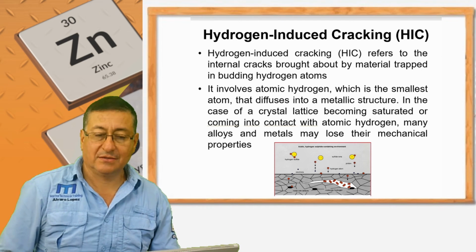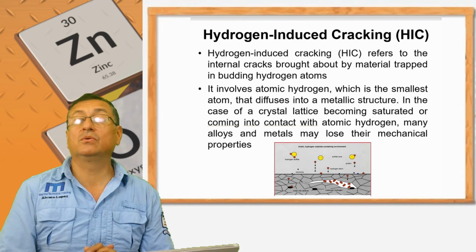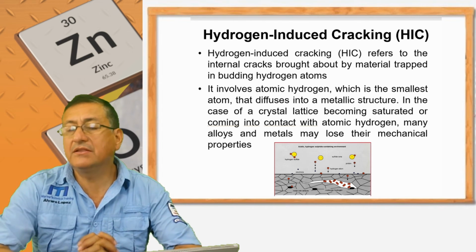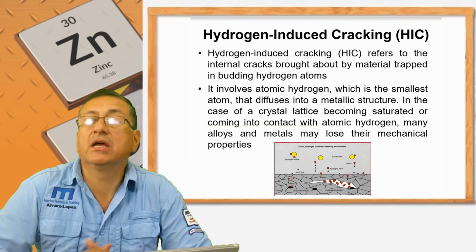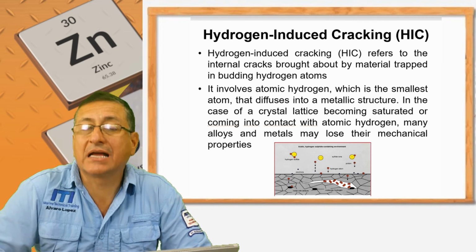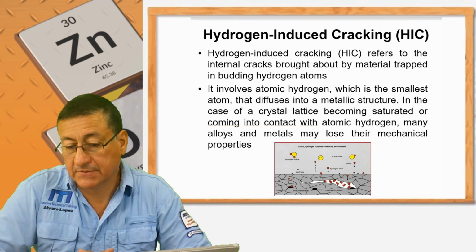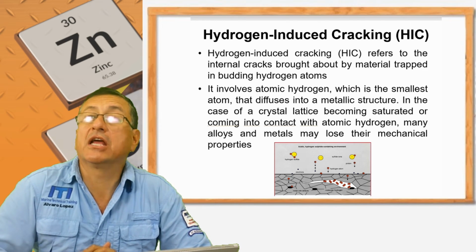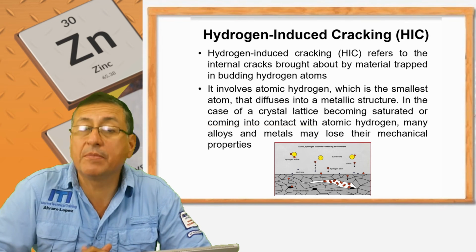Hydrogen-induced cracking. We are going to try to translate it into plain words. It is the free hydrogen in the water that attacks the surface of the metal. Remember this, my friends. What is the atomic number of hydrogen? You remember?